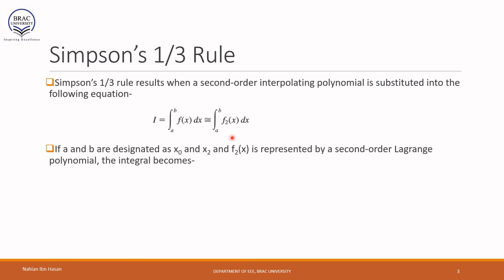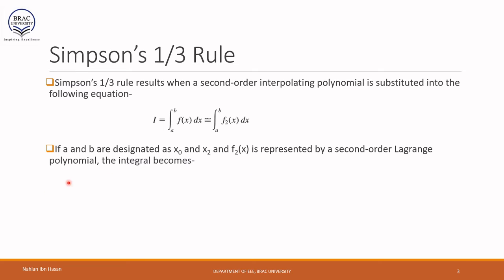If we say that these a and b values are denoted as x0 and x2, we can easily form a second order Lagrange polynomial with these 3 values: f of x0, f of x2, and a third function value within the boundary. If you do not know the second order Lagrange polynomial, it was covered in the last segment whenever we were discussing interpolation.